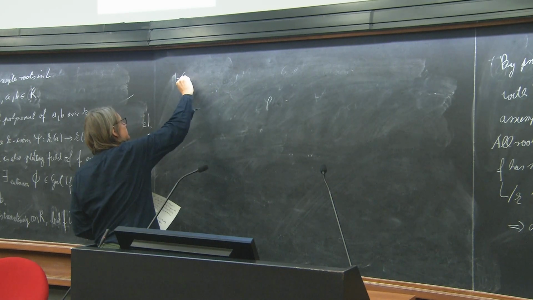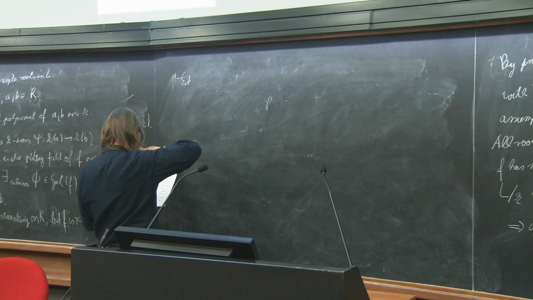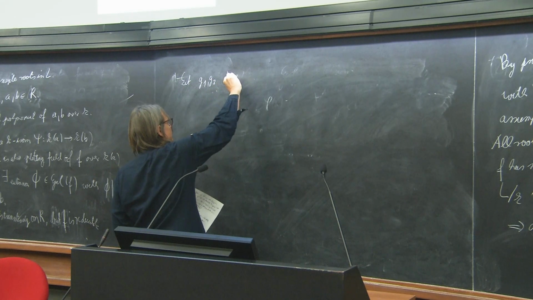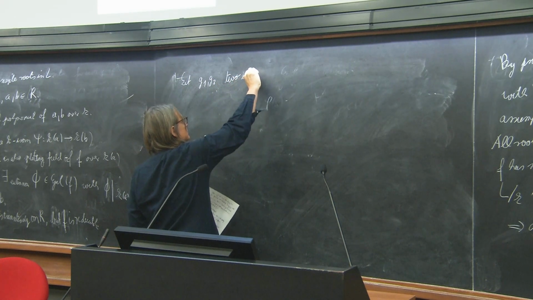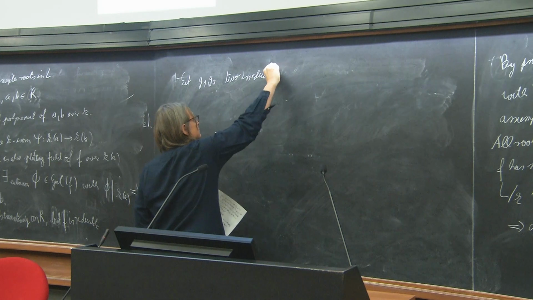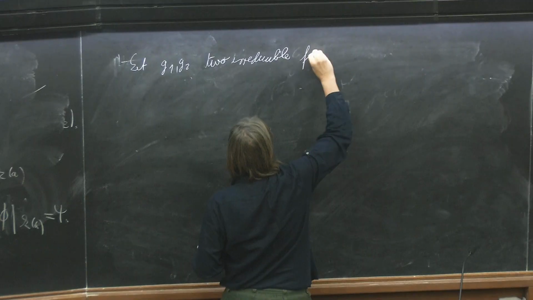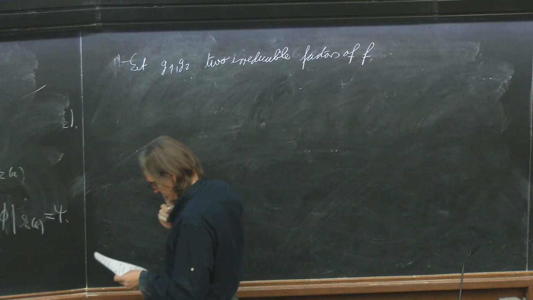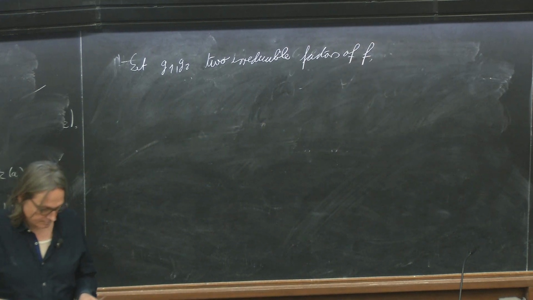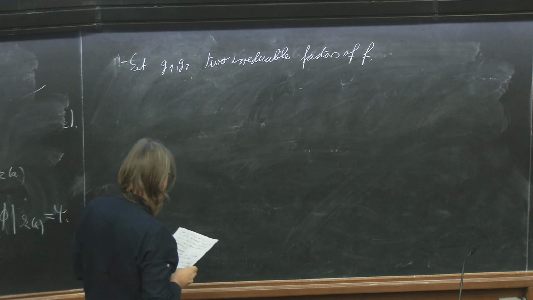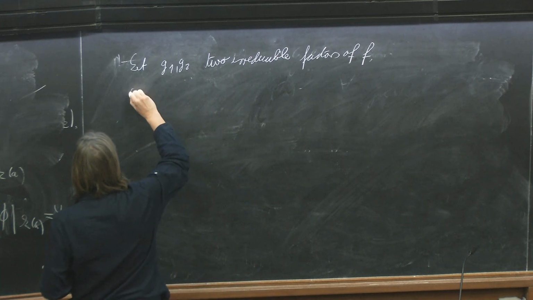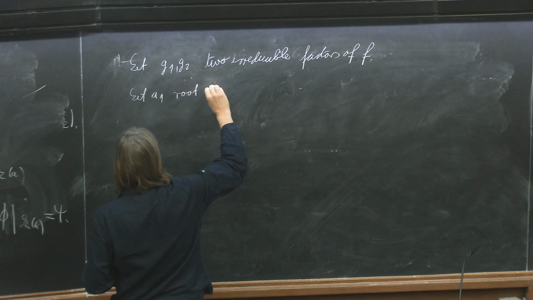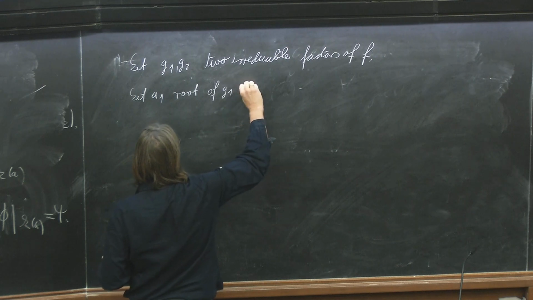Okay, so let now G1, G2 be two irreducible factors of F. And we take, so let A1 be a root of G1.